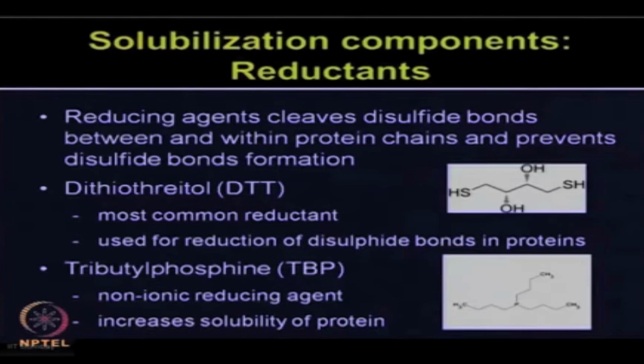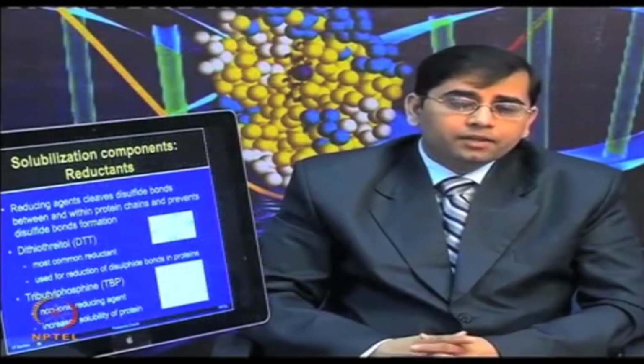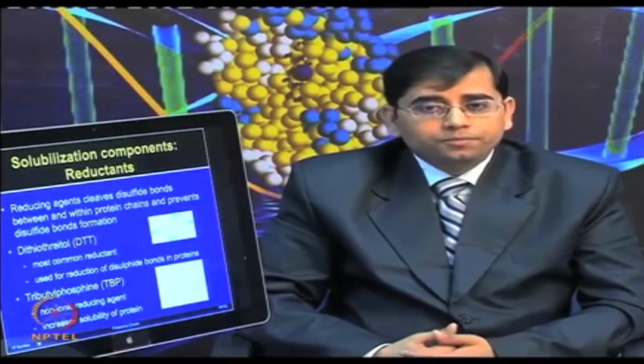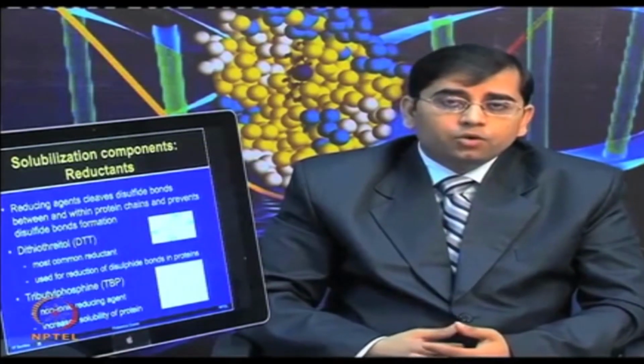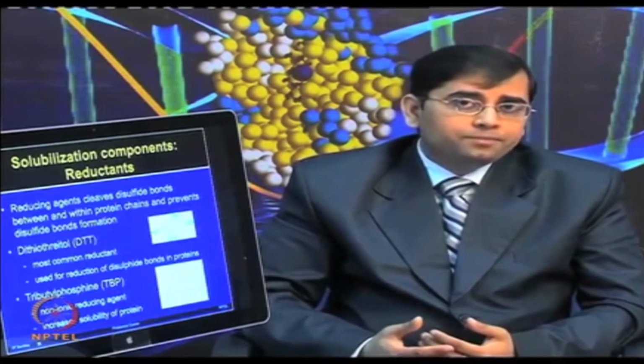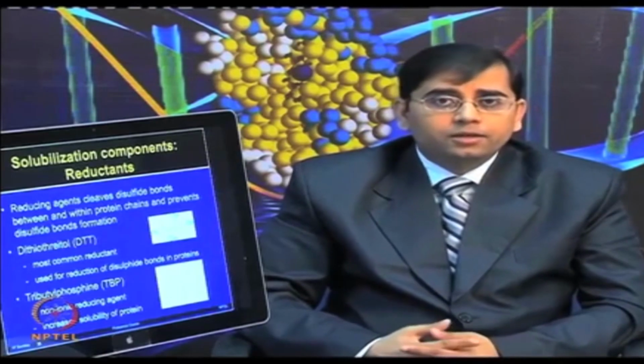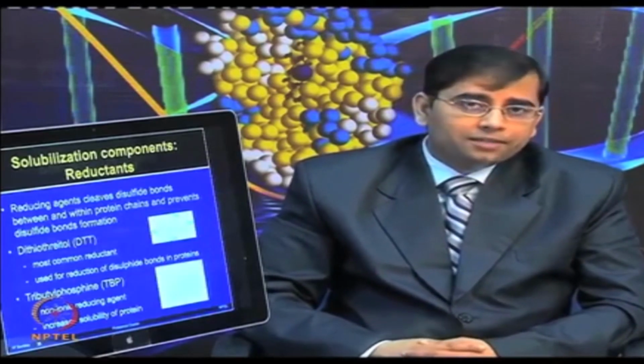These are used for reduction of disulfide bonds present in the proteins. Tributyl phosphine or TBP is a non-ionic reducing agent, another very commonly used reducing agent when the aim is to increase the solubility of proteins. Often it is used in 2DE based gel-based proteomic applications.